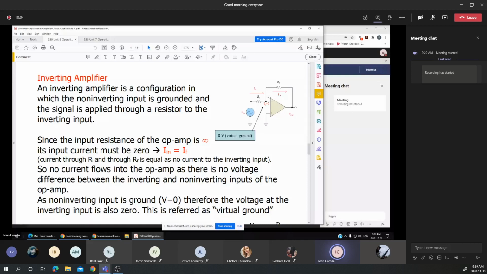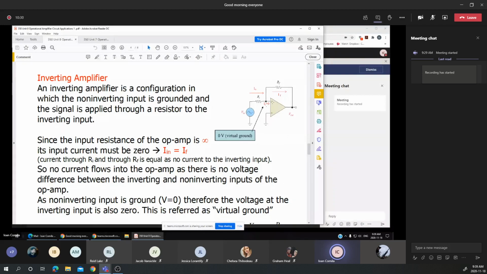You notice that I have that inverting input, or the Vin minus, going through a resistance Ri. Again, Ri is the input resistance, and the Rf is the feedback resistance, which is always connected between the output and one of the two inputs.